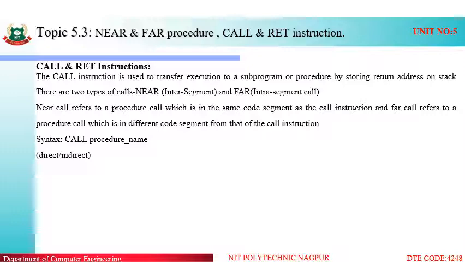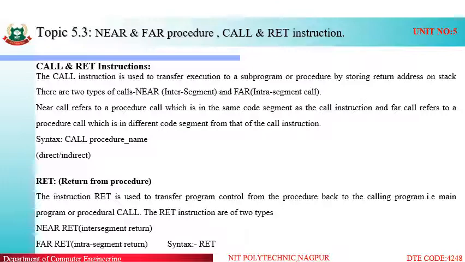In case of a procedure which is placed in the same memory segment as the main program, we will use near call. So why are these calls used? To call the particular procedure, that is to transfer the flow of the program from main to subprogram, that is our procedure. The syntax is call, procedure name.